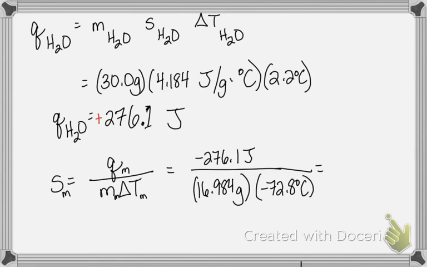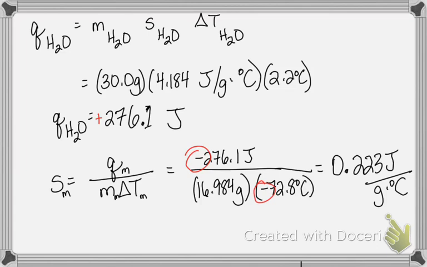So we're going to punch that in our handy dandy calculator. And y'all, I get 0.223 joules per gram times degrees Celsius. It's positive because if Q is negative and the ΔT is negative, the specific heat is a positive number.